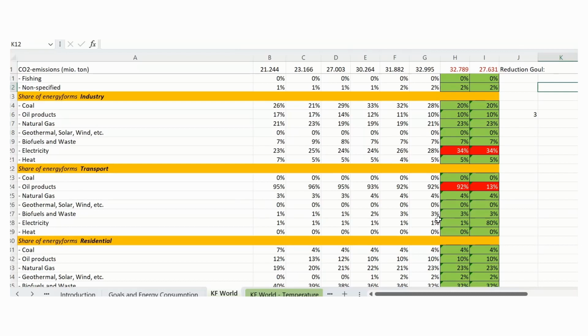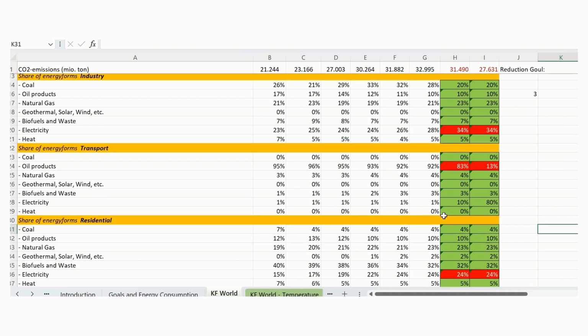If you, for instance, assume that there will be more electric vehicles here, you increase this value to, for instance, 10% here, and then there will be automatically a reduction in the oil-based transport fuels.